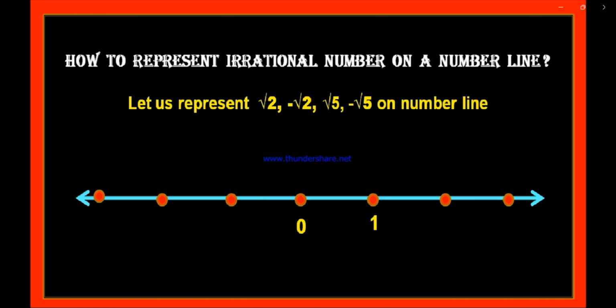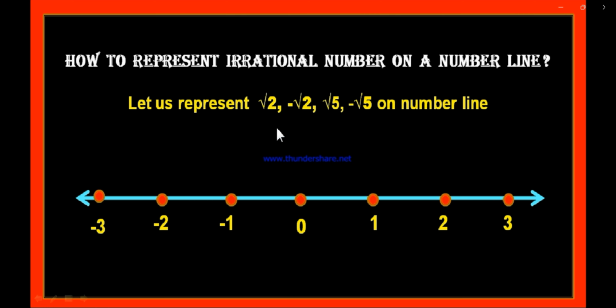On the right hand side of 0, you keep 1, 2, 3 and so on. And on the left hand side of 0, you keep minus 1, minus 2, minus 3 and so on. Understood? We located the positive values and the negative values on the number line.